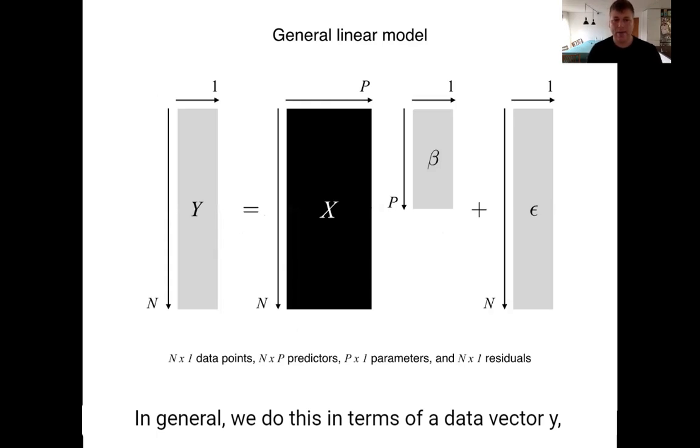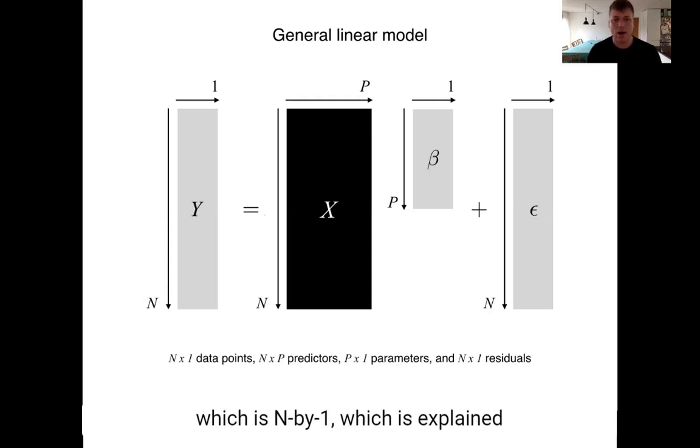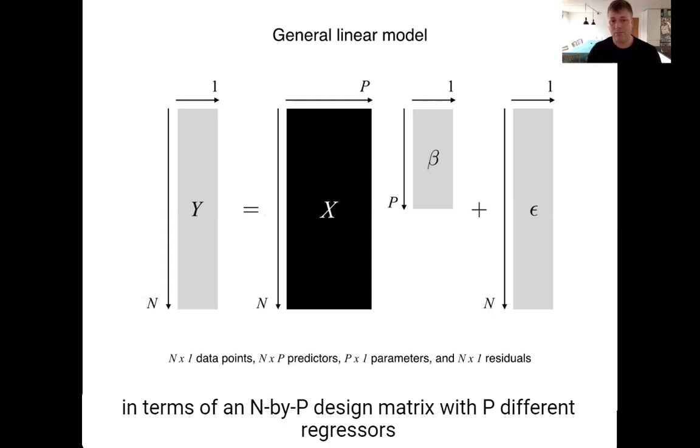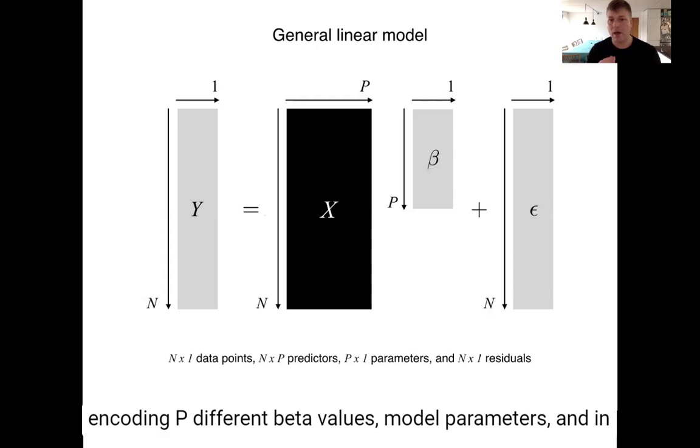So in general, we do this in terms of a data vector y, which is n by 1, so n data points by 1, which is explained in terms of an n by p design matrix with p different regressors encoding p different beta values, the model parameters.